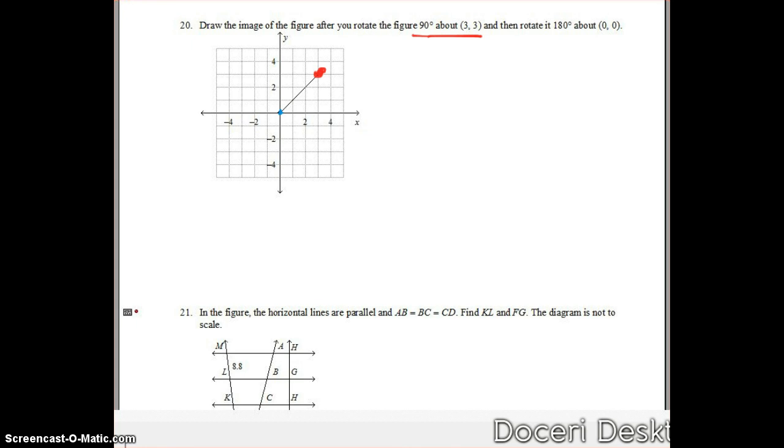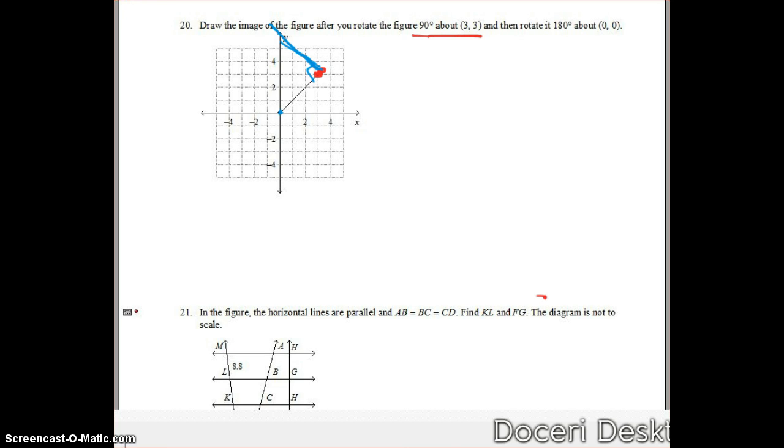So I want to go 90 degrees. You can measure off 90 degrees, but you're just wanting to form a right angle, so it should look about like that. It should be a right angle. And then if I rotate that point about it, I want to be the same distance from (3, 3).